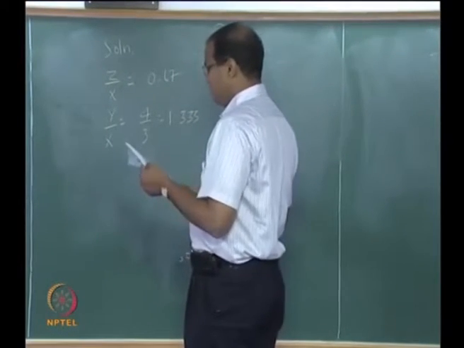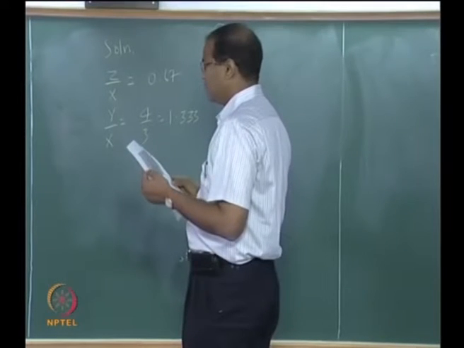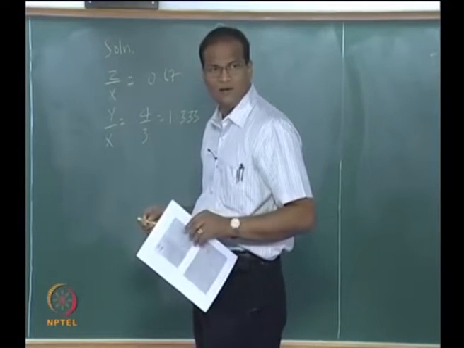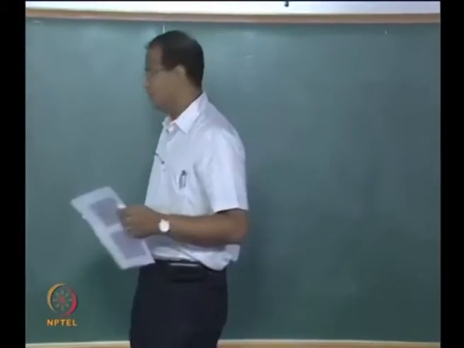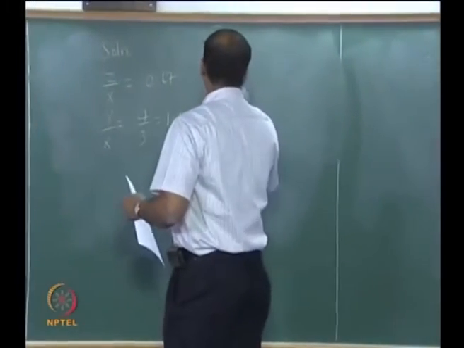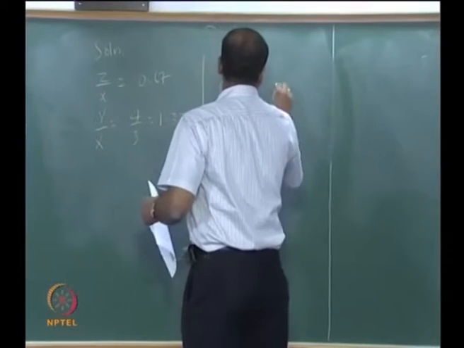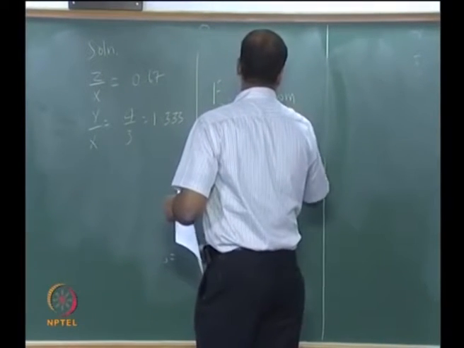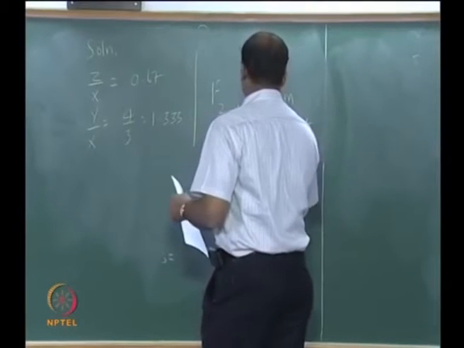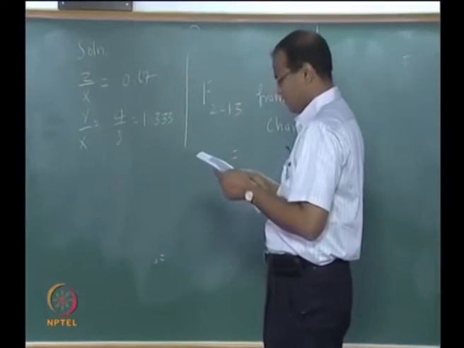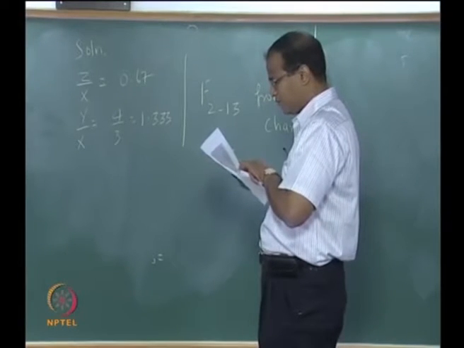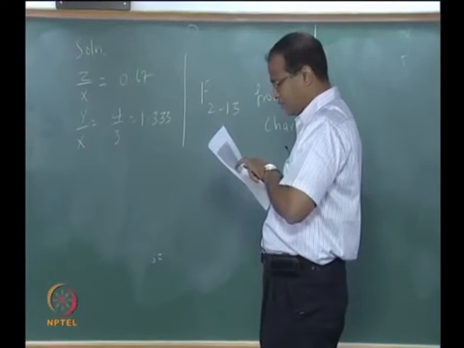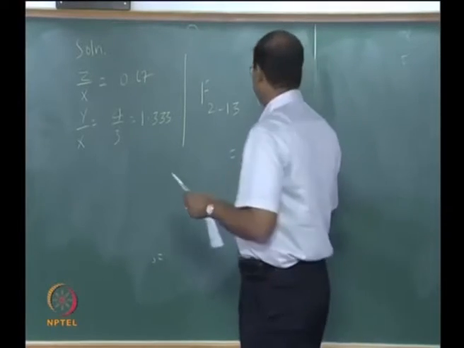Now Fij will be F2 to 13, correct? What is the value? 0.1, okay.